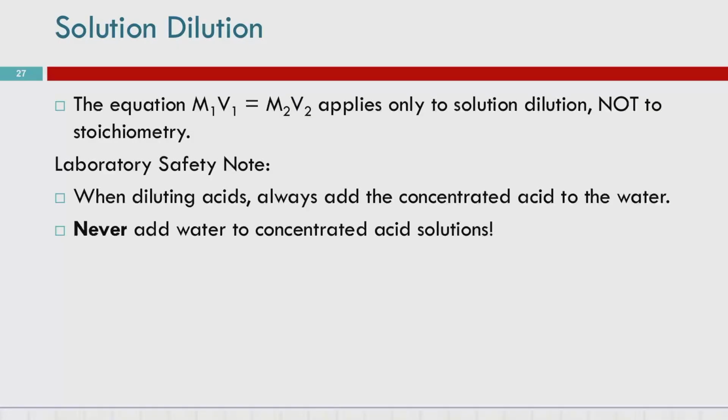That could cause your solution to spontaneously boil. And boiling acids is generally not a good idea unless you're intending to boil acids, because it'll produce acid vapors. If you breathe the acid vapors in, then you get acid burns in your lungs, because it probably condenses in your lungs. So it's a whole lot of bad things happening all at once. And so you always want to add the acid to the water, because the acid part produces the heat. If you add it to a bunch of water, the water can absorb that heat and it doesn't get super warm. So never add water to concentrated acid solutions.